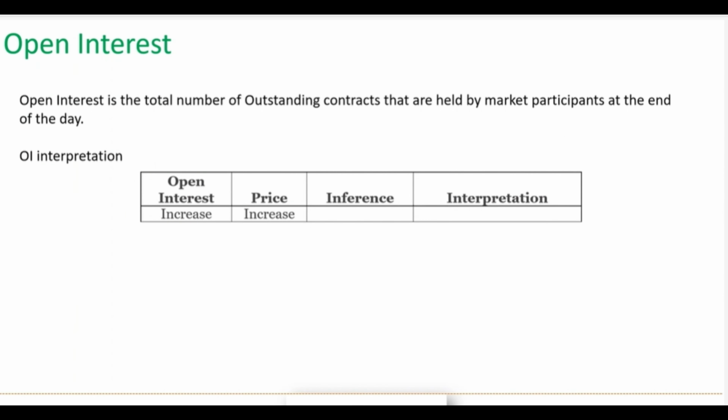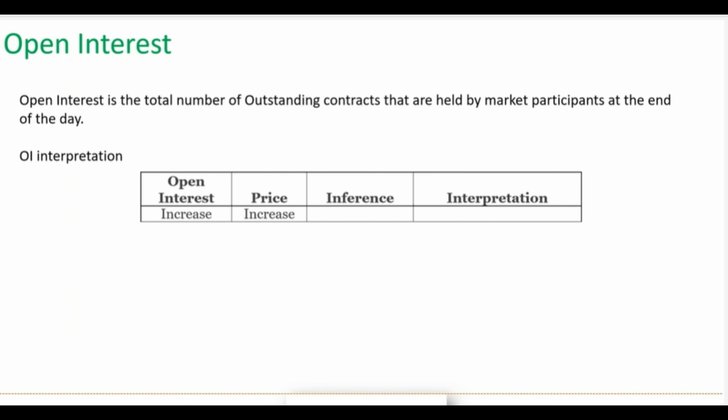Now let us say open interest is going up, which means people are creating more and more new positions. नया positions बन रहा है, that's why the open interest number is going up. And along with that, the price of that particular security is also going up. Now think logically and tell me what does this mean? लोग buying कर रहे हैं.